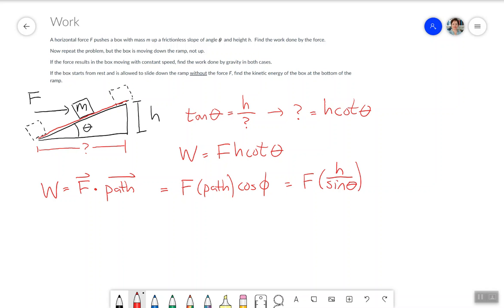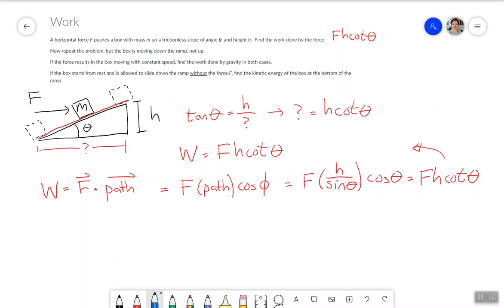And the angle between the path and the force is, well, theta. So that's cosine theta, which is just F h cotangent theta, which is in fact the same thing we got before. Okay, so we have the first thing, F h cotangent theta.